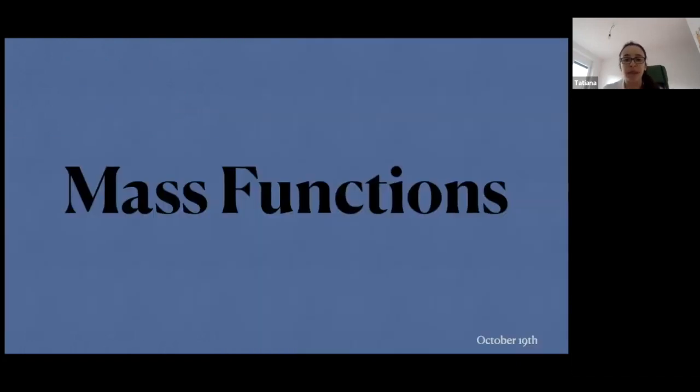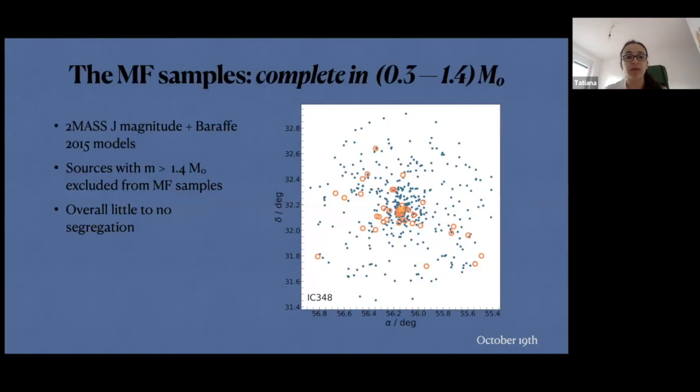After that, I move on to getting the mass functions for these clusters. In order to do that, I use data from 2MASS, and specifically, I convert the J magnitude into a mass using the Baraffe models. I only do this for stars up to 1.4 solar masses, and this is a limitation of the model.